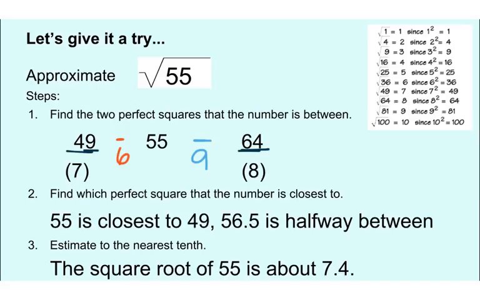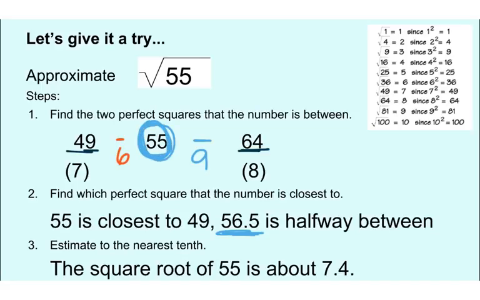Okay, and then it's going to be important to me for this one to know that 56.5 is the center. How did I figure that out? I took 49 plus 64 and divided it by 2. So I know 56.5 falls right in between 49 and 64. 55 is really close to that, but a little smaller.